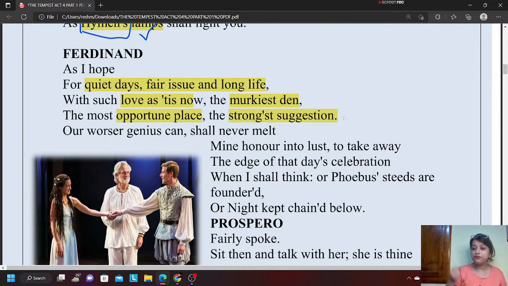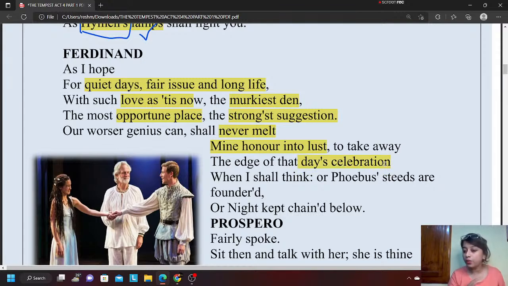So even if the devil forces me the most, our worser genius can, shall never melt my honor into lust. So my love will never change into lust, greed for physical relation, okay, to take away the edge of that day's celebration.